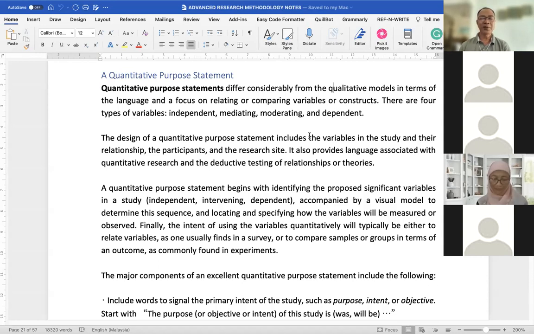I have a friend who did a quantitative study, but he kept changing the DV, and he kept changing the IVs. Then he couldn't finish within 4 years.